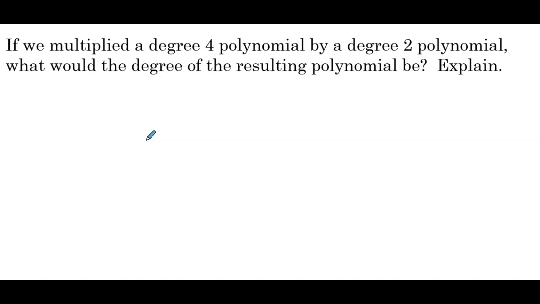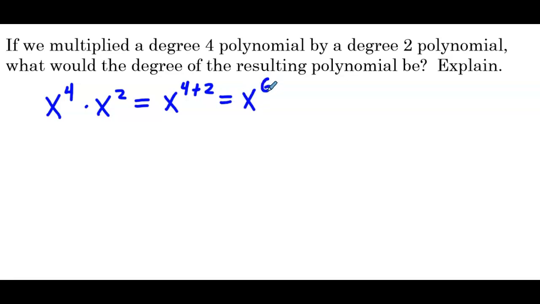So let's start with a simple degree 4 and a simple degree 2. So that would be x to the 4th times x squared. If we were multiplying those two polynomials together, same variable, we're going to add their exponents, so 4 plus 2, so that would be x to the 6th power.